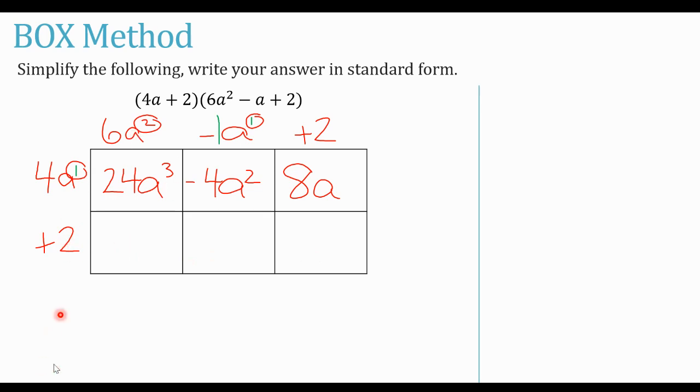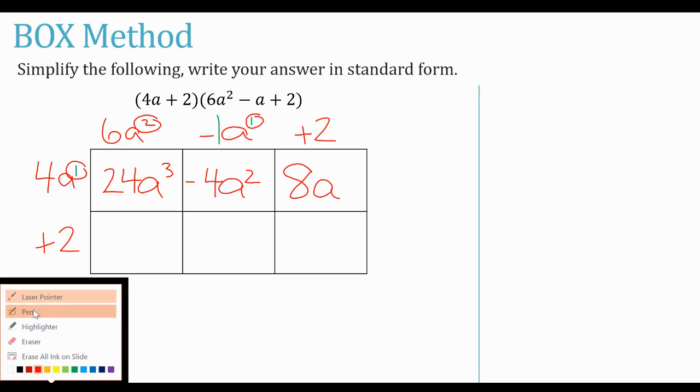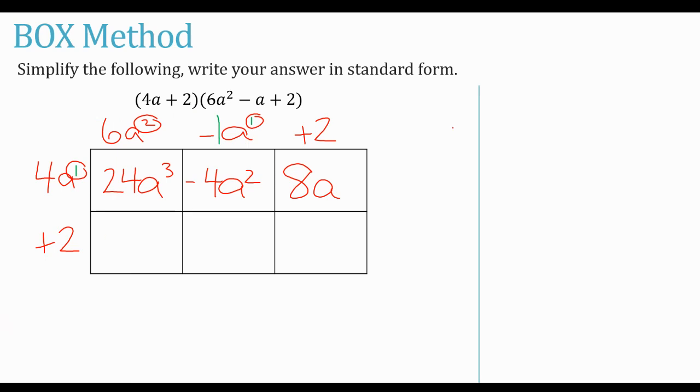So we're just going to be multiplying 2 to all the coefficients here. 2 times 6 is going to give us 12, and then bring down that a squared. 2 times negative 1 is going to give us negative 2, and then just bring down that a, and then 2 times 2 gives us a positive 4.